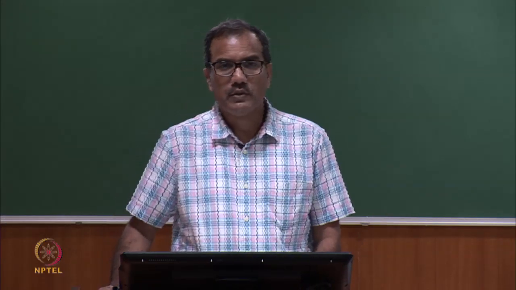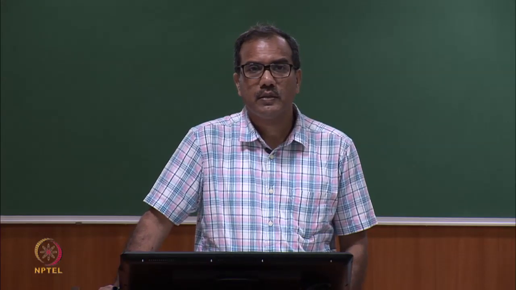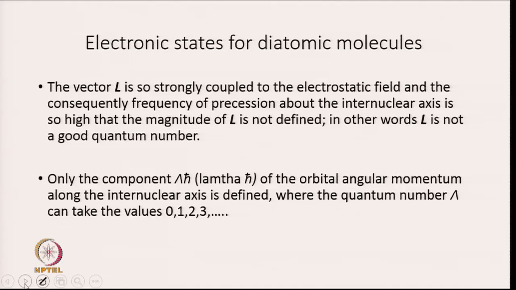Now, let us think about electronic states for diatomic molecules. Till now we have looked at the different molecular orbitals and how they differ in their energies. Now, we are going to look at electronic states. Vector L is strongly coupled to the electrostatic field.